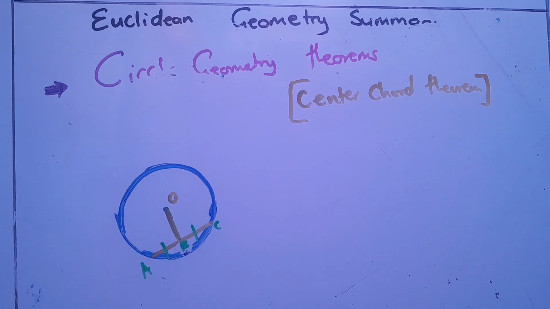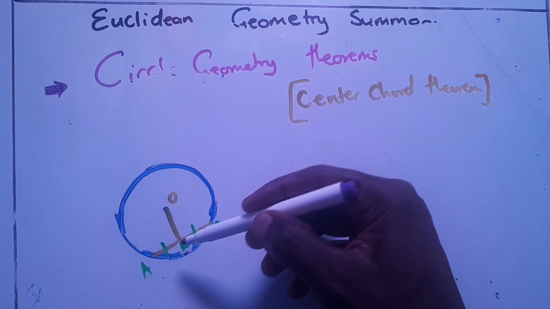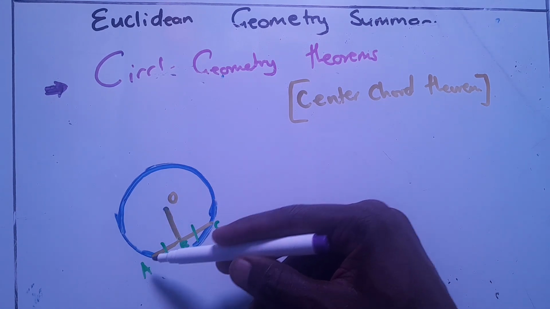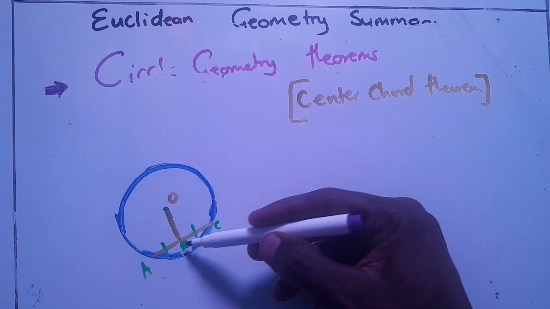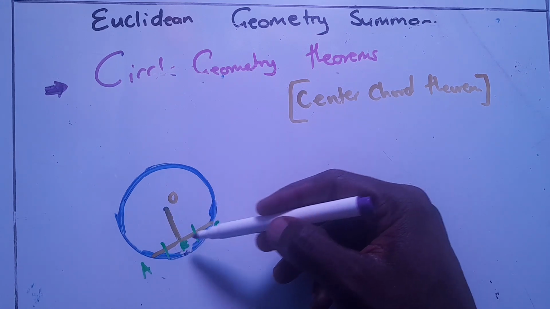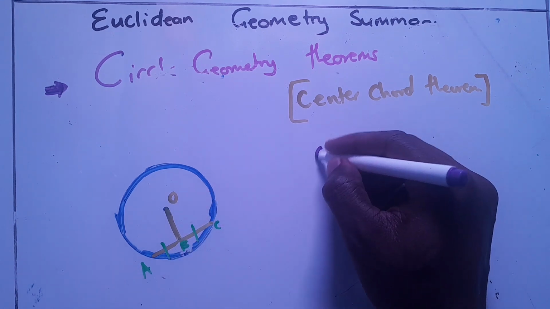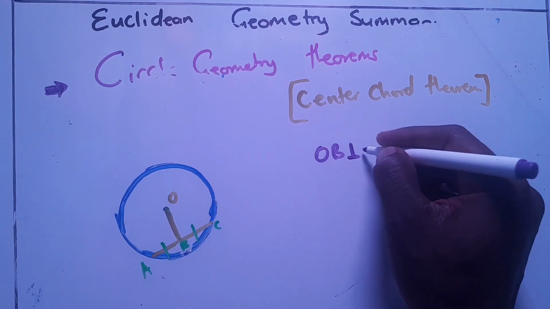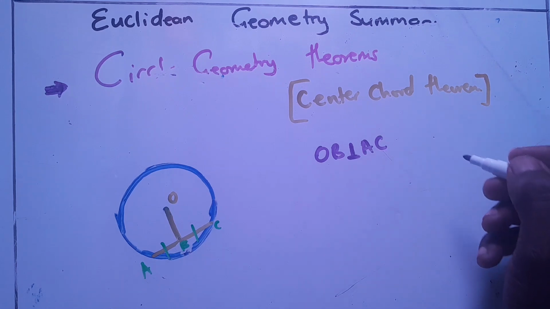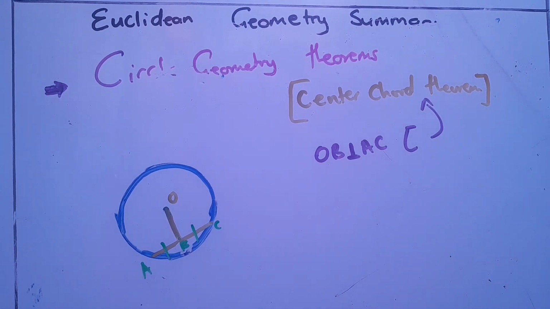We have center chord theorem. Center chord theorem says a line drawn from the center bisecting the chord. So we can see that AB is equal to BC. So this line cut this AC into two equal parts. So whenever that happens, we know that OB becomes perpendicular to AC. And the reason being, it is center chord theorem.